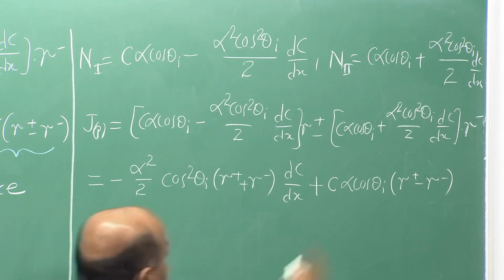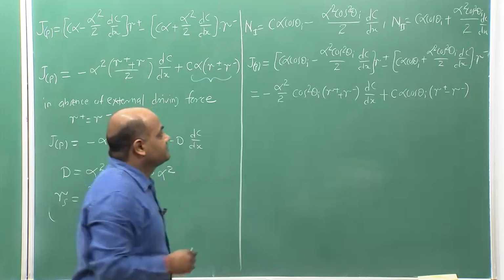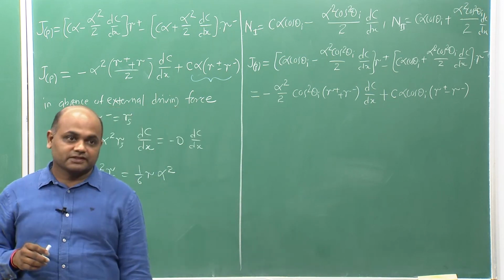Now, let us assume that there is no external driving force. So, this term will vanish and gamma plus plus gamma minus is equal to 2 gamma s.